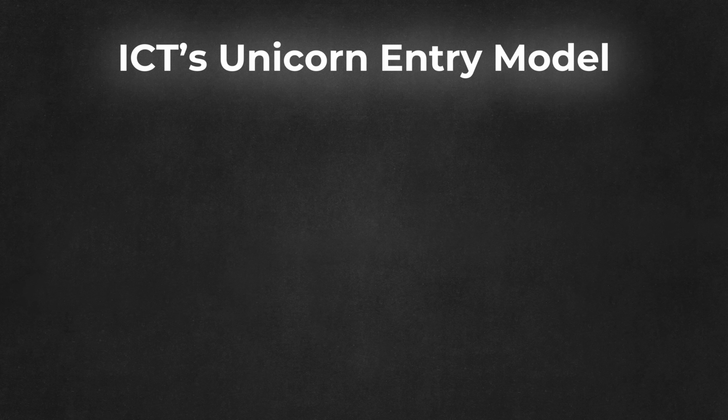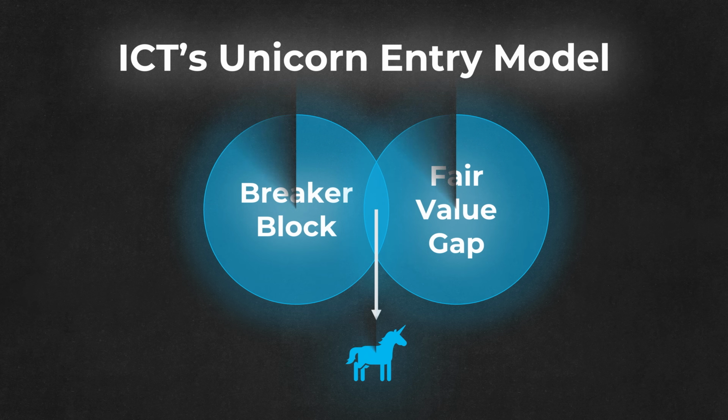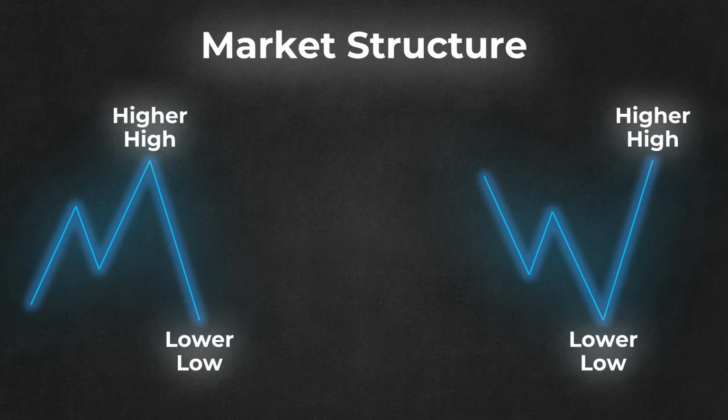The unicorn entry model in the ICT method is the combination of two concepts, the breaker block and the fair value gap. To understand breaker blocks, we first need to identify a price movement or market structure where a higher high is followed by a lower low, or when a lower low is followed by a higher high. ICT followers sometimes call this a market structure shift, but this formation has been called many different names throughout the history of technical analysis.